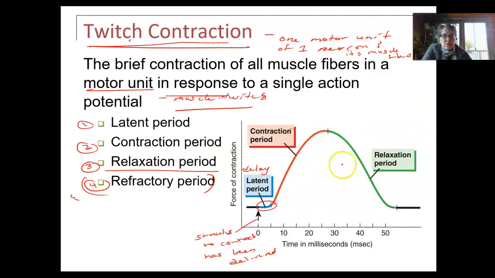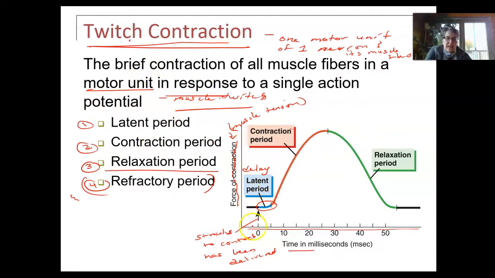After contraction occurs, we go into relaxation. I have on my x-axis time, on my y-axis the force of contraction, the muscle tension. Okay, so what's happening in each of these?